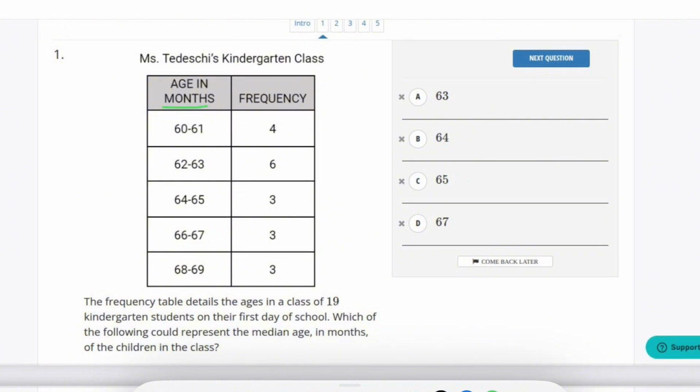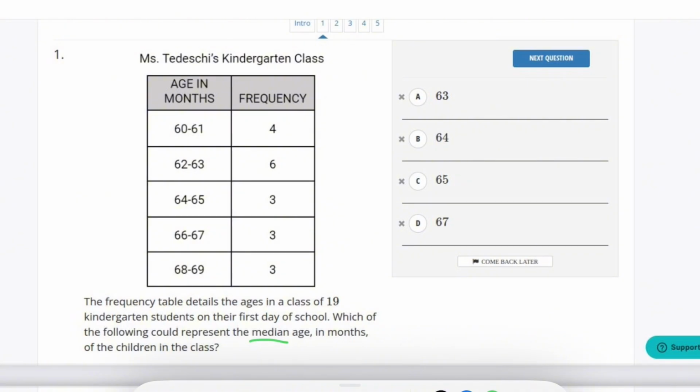So the median age in months. Median is a math vocab term, meaning if you were to put all the data numbers in increasing order, which one would be in the middle? That's what the median is.